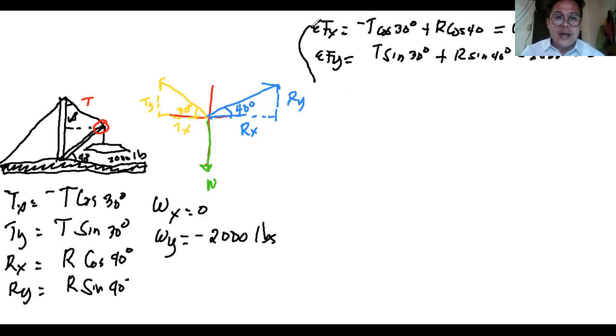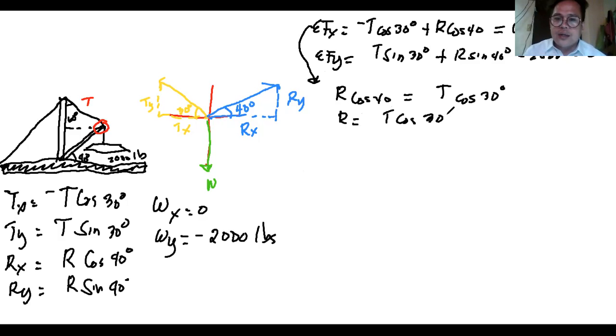So we are going to get the value of R here. R cosine 40 equals tension cosine 30 degrees, so R will have a value of tension cosine 30 degrees all over cosine 40 degrees. This R will be substituted into this equation.